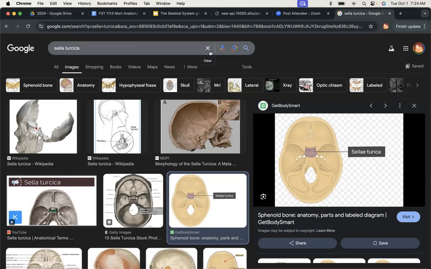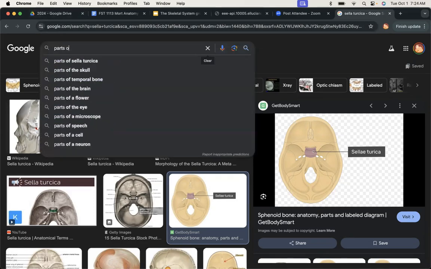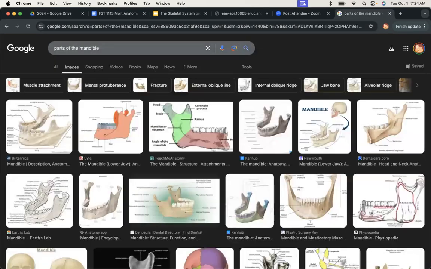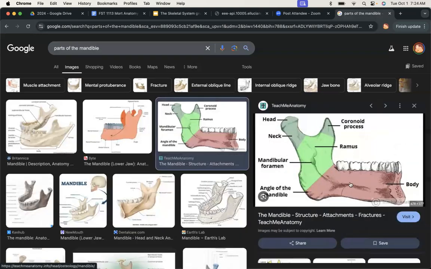So let's look at parts of the mandible. All right, so with the mandible, you have the body of the mandible. Oh, sorry, I told you wrong earlier. The body of the mandible, the ramus, where it comes up, and the angle of the mandible.